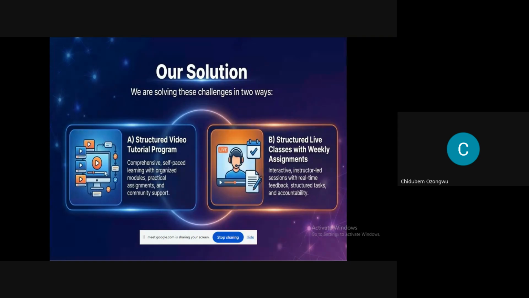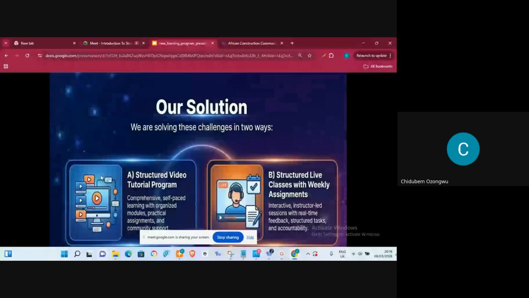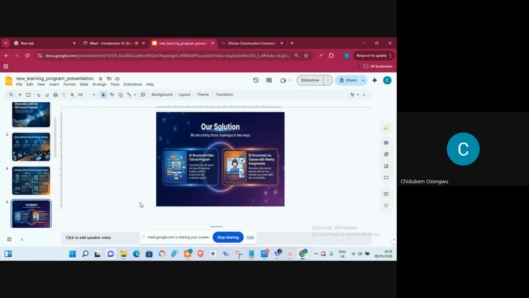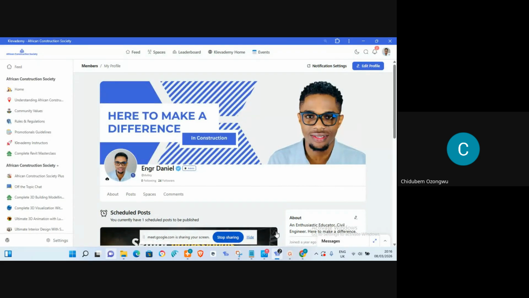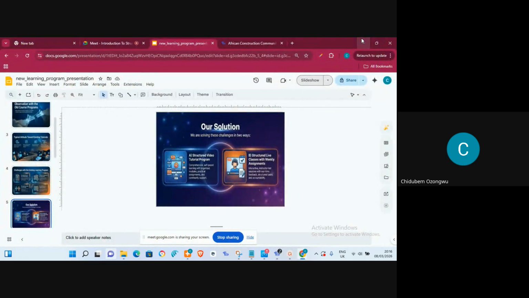And this first solution, we decided to tie it to several other things to make it easy for us. I'm going to open that segment now. First one is structured video. In order to control what is being shared in the group, because of these spam issues, you'll be in a group and somebody would say they have hacked my account and so forth, and spammers will come and disturb.